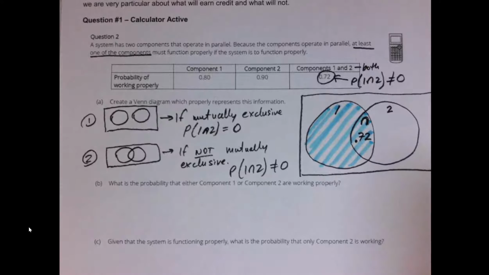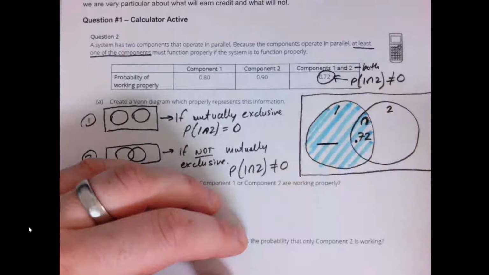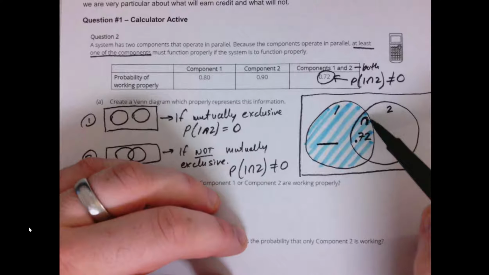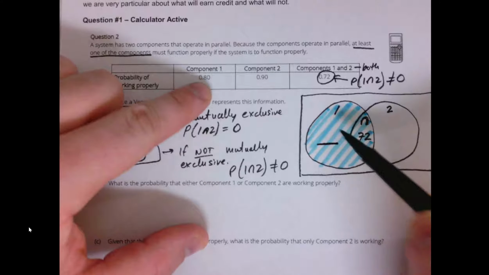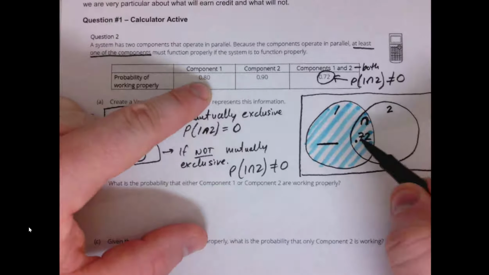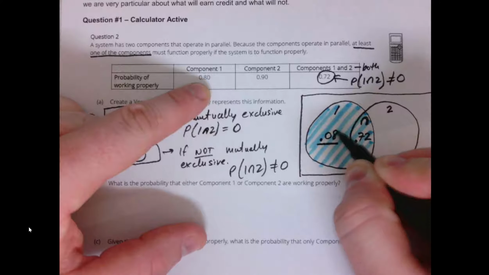Okay, what I want to find is the probability in this section, this crescent moon part of the circle. To find this, they both have to add up to be 0.8, and I know this part is 0.72, so this part has to be 0.08.